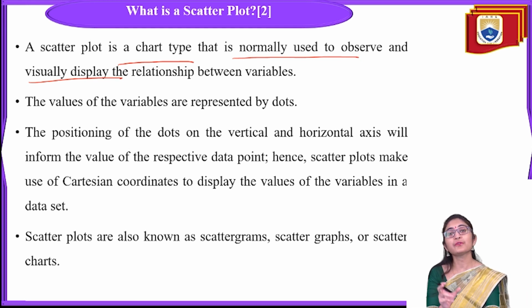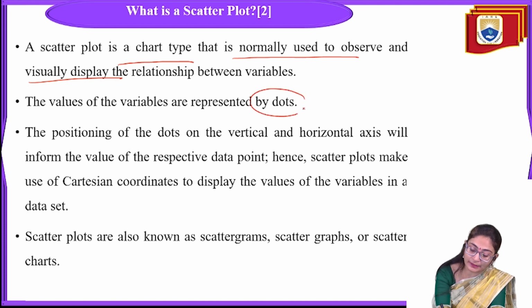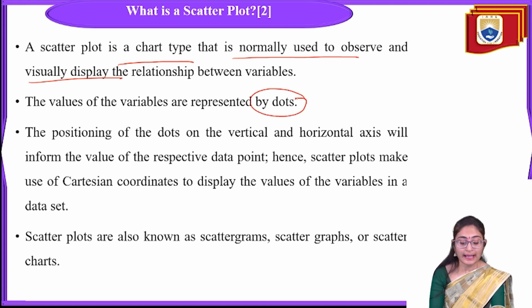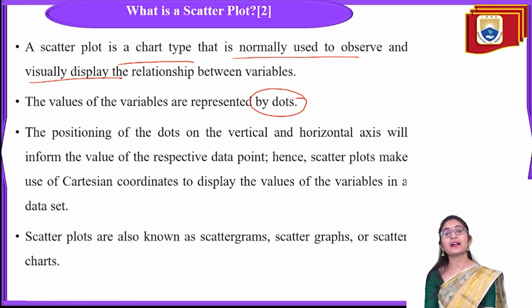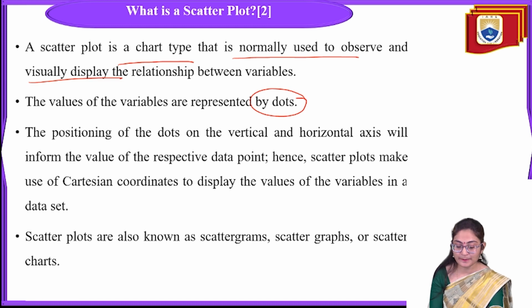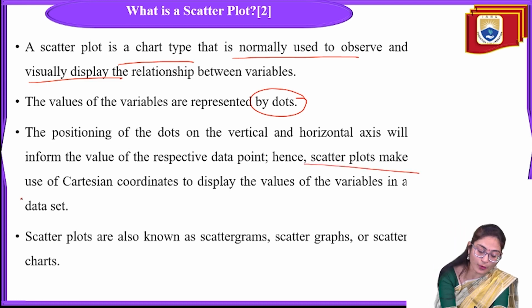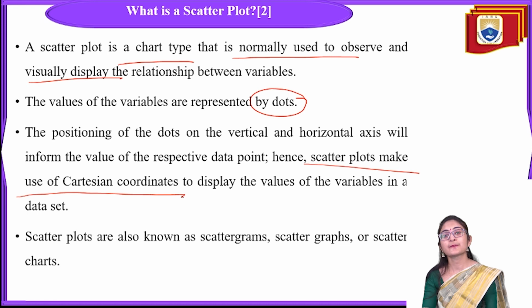The values of the variables are represented by dots, and the positioning of the dots on the vertical and horizontal axes informs the value of the respective data points. Hence, the scatter plot makes use of Cartesian coordinates to display the values of the variables in the data set.